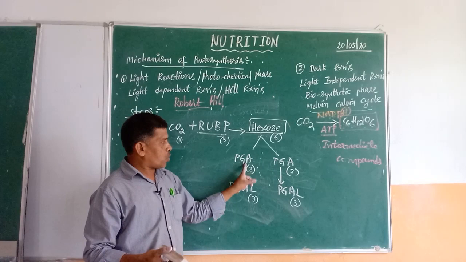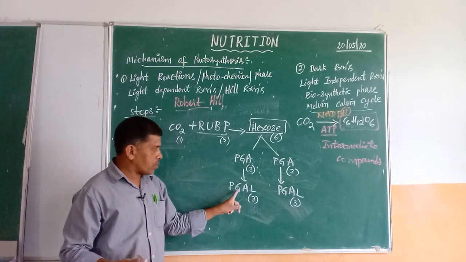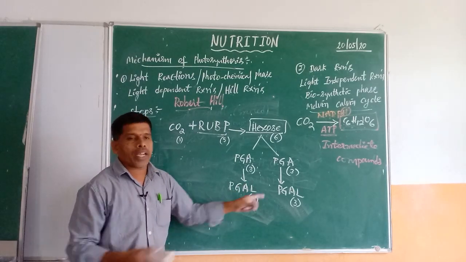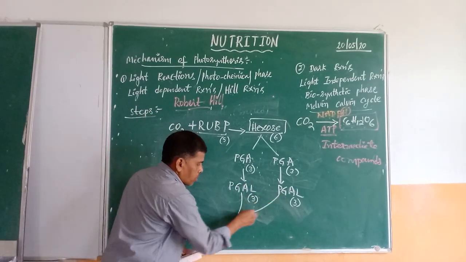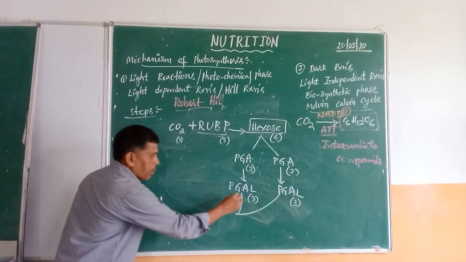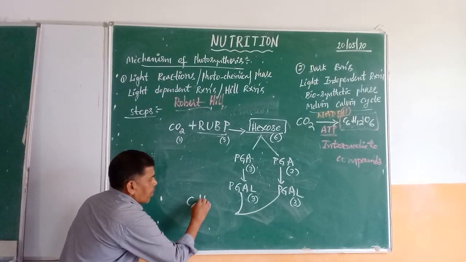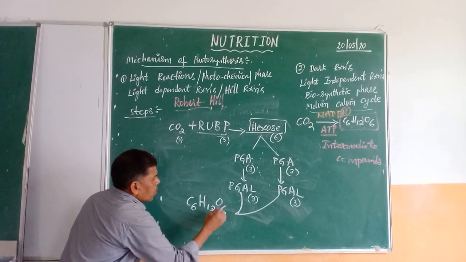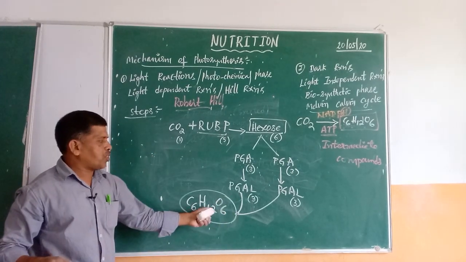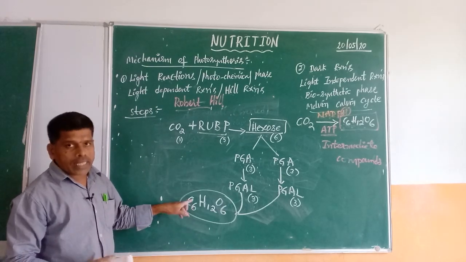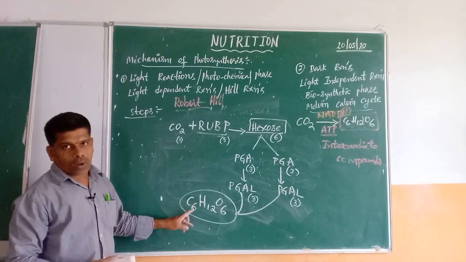These 2 phosphoglyceric acid molecules get converted into PGAL, phosphoglyceraldehyde, and now these 2 molecules of phosphoglyceraldehyde undergo a series of reactions, finally to give our required compound, the glucose molecule, C6H12O6. So this is how the 6 carbons present in the glucose molecule come, right?